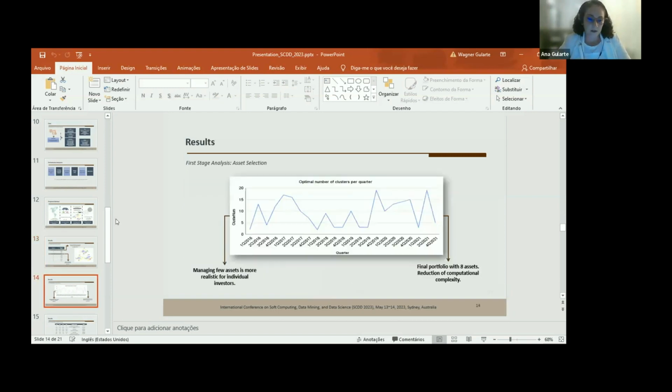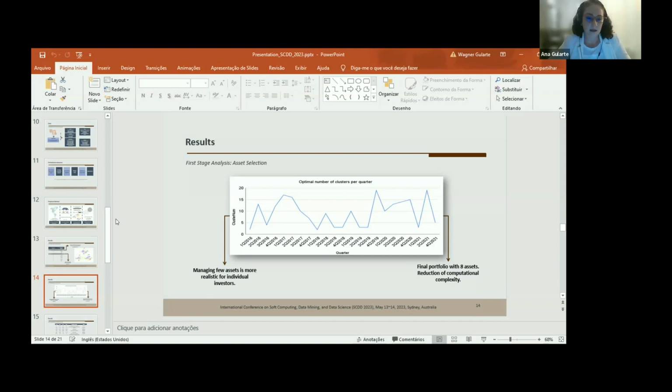The figure shows the average quarterly cardinality of the portfolios, which show high dispersion of results due to the varying performance of assets in each quarter, and consequently different results in UMAP.